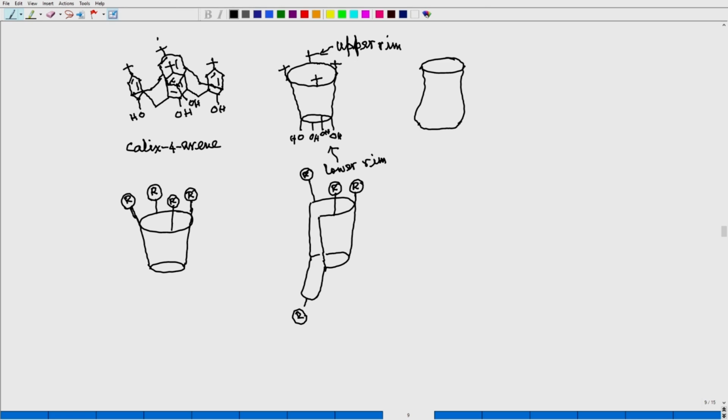So, that is why it is very interesting. It can be that, or it can be what is called 1,2 alternate.